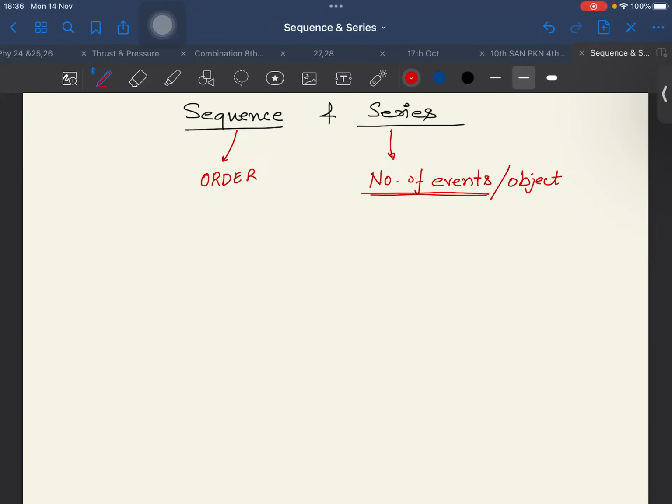Let's say you have a red pen, a blue pen, and a green pen. The order you arrange them in is your sequence. And how many are there? There are three, right? So that is your series. It is a series of three.